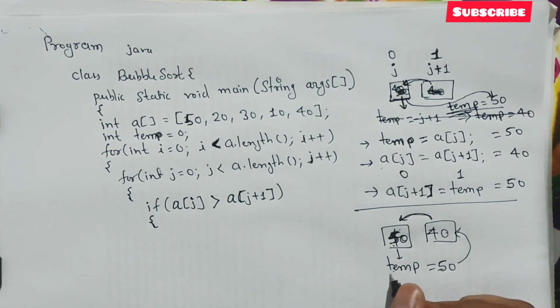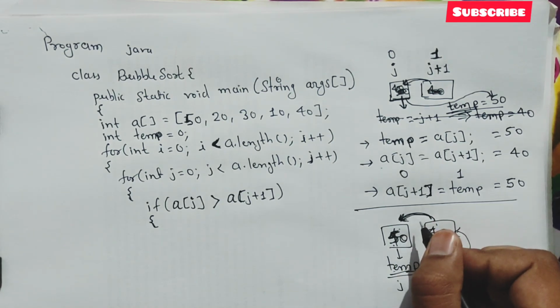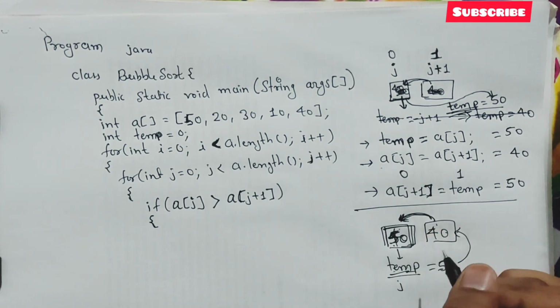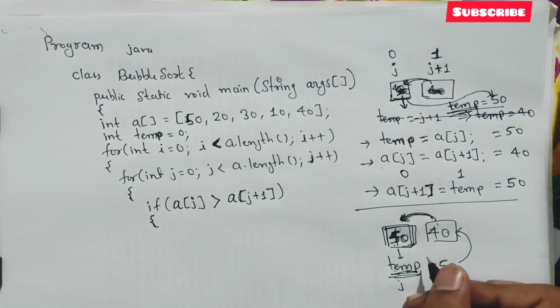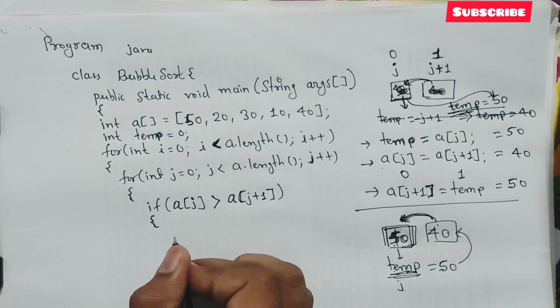If I do not use temp, what will happen? If I swap 40 directly to here, then what will happen to 50? We will lose this value. So that's why I use temp. There is another way to do the swapping also, but this is the way I am using.